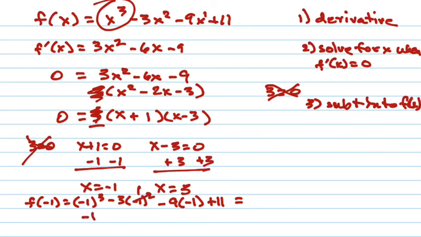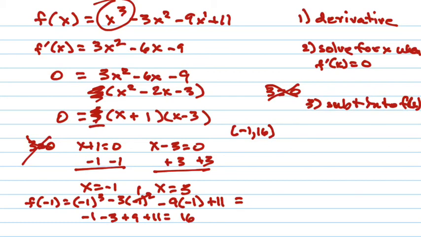Negative 1 squared is 1 times negative 3 is negative 3. Negative 9 times negative 1 is positive 9 plus 11 is going to give us negative 4 plus 9 is 5 plus 11 is 16. So for that particular x value, our y value is 16. So the first turning point is negative 1 comma positive 16.